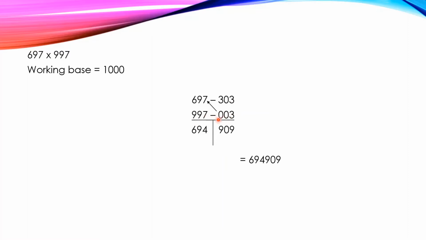Again we will write here 003, as we need 3 digits here. Now we will multiply 303 by 3, which will give us the product as 909. Now I will subtract 3 from 697, which will give me the answer as 694. So here my final answer is 6,94,909.